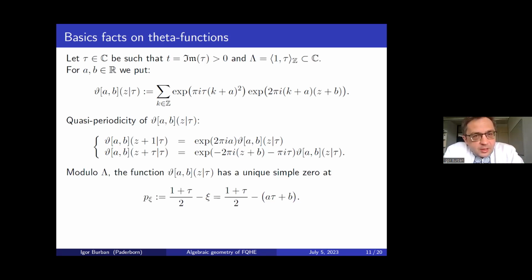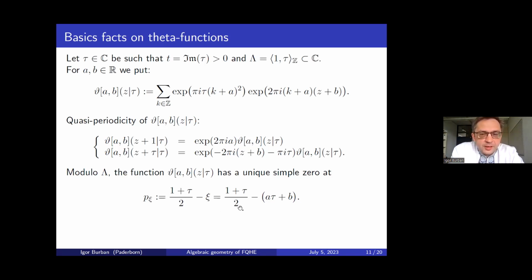In particular, one can show that the theta function as a function of Z has a unique and simple zero at the point pi psi modulo the lattice. Now, assume we want this pi psi to be 0.